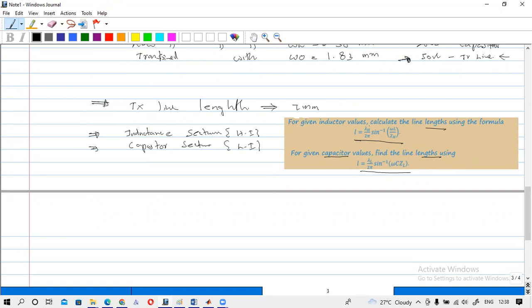You have to use the guided wavelength, lambda h and lambda l.